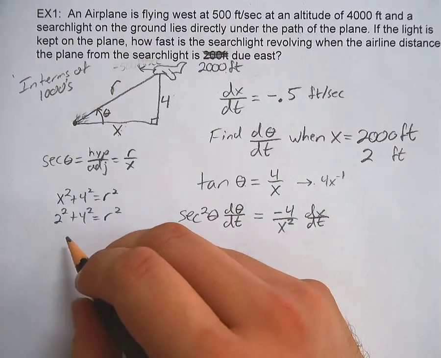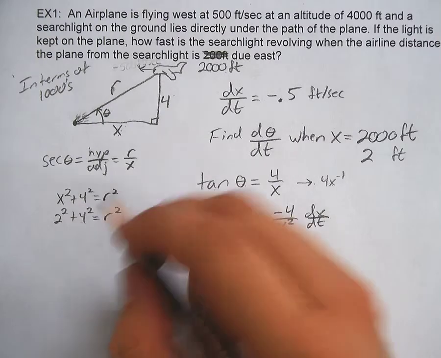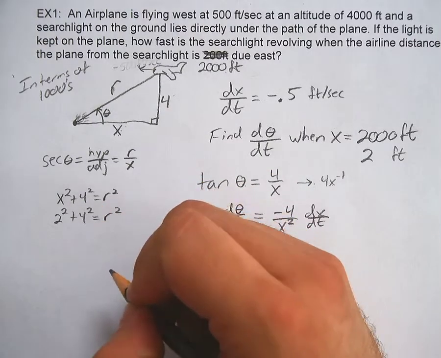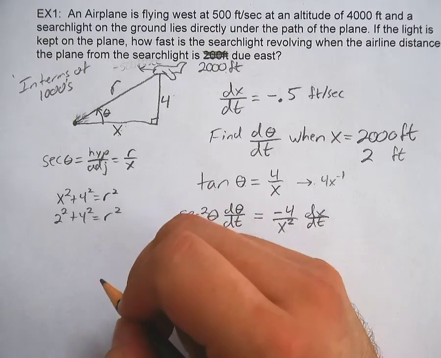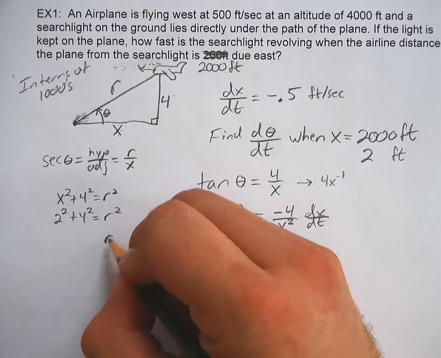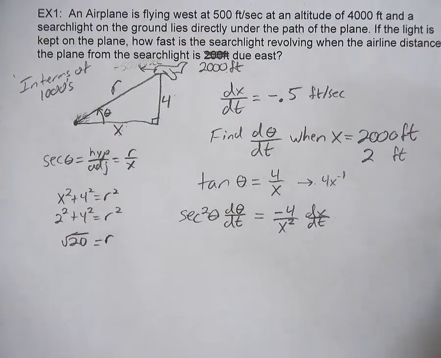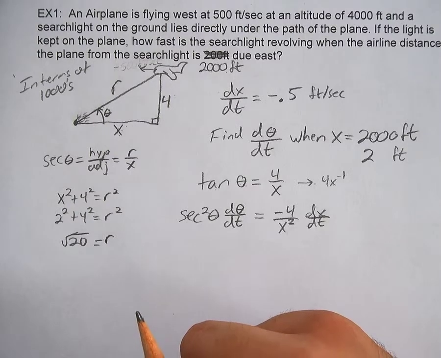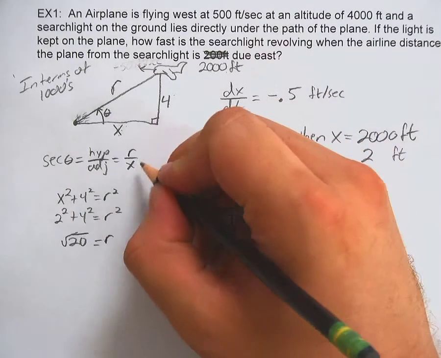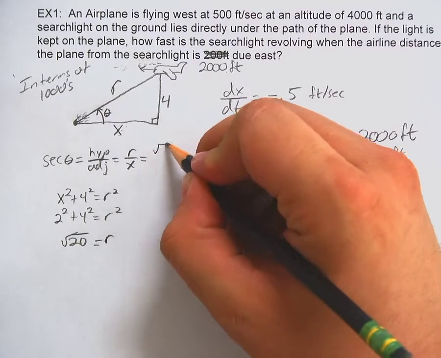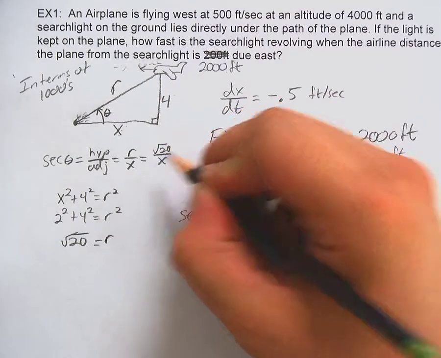Well, 2 squared is 4, 4 squared is 16, so r squared is 20? Yeah. So r is going to be the square root of 20. So if r is the square root of 20, then r over x is the square root of 20 over x, right?